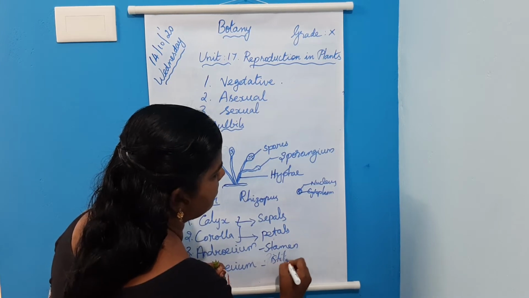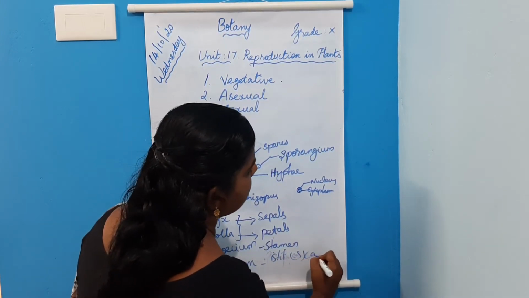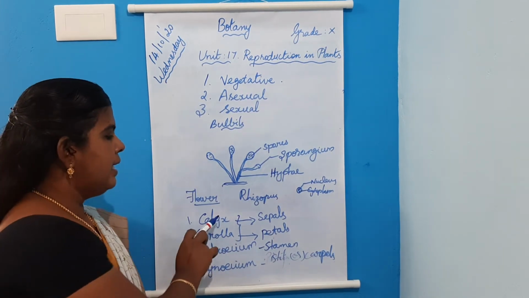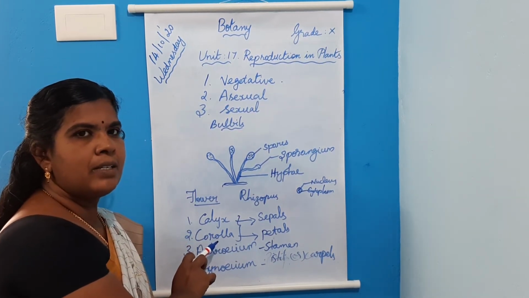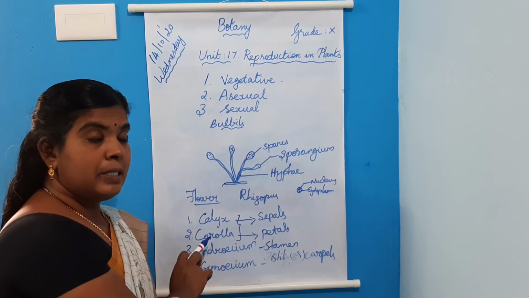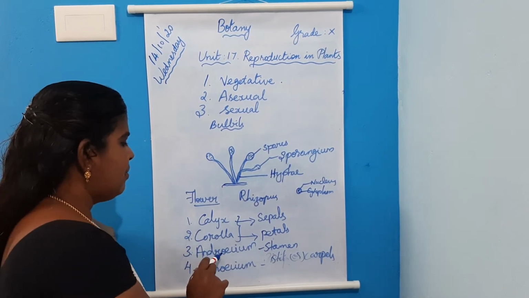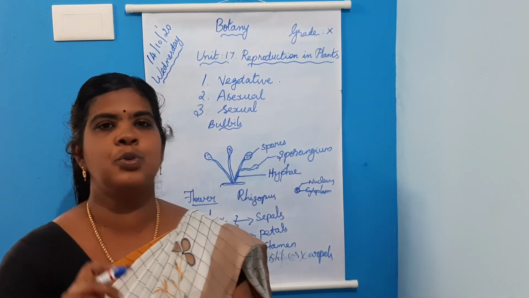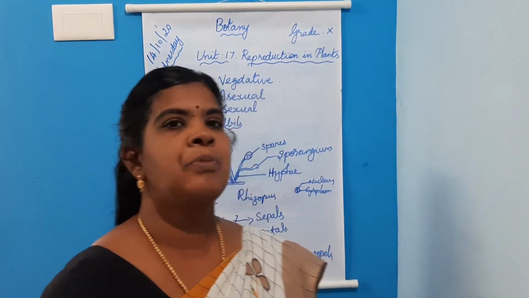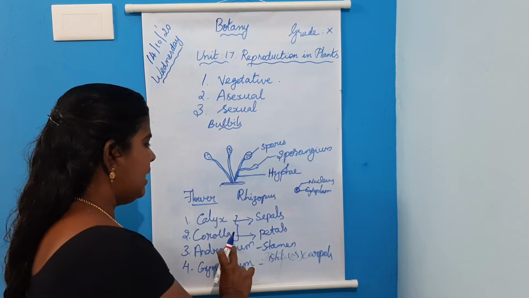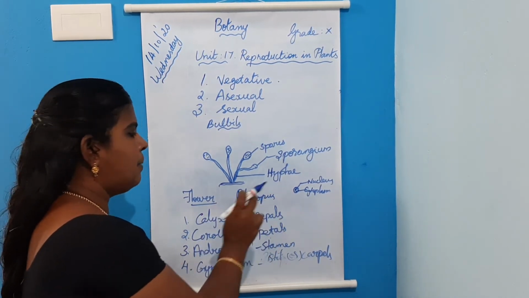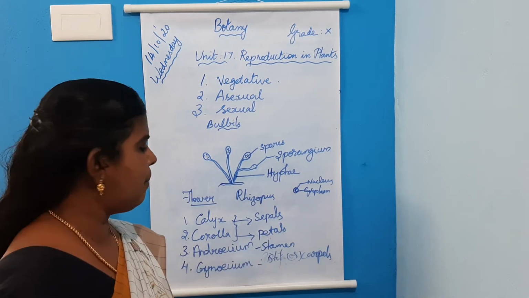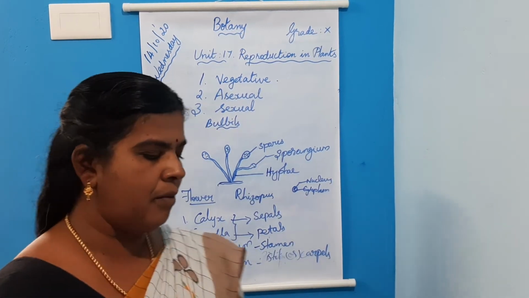So calyx and corolla are non-essential parts because they do not take part directly in reproduction, but androecium and gynoecium are the essential parts of a flower. They do take part directly in reproduction. Calyx is made up of sepals, corolla of petals, androecium of stamens, and gynoecium of carpels.